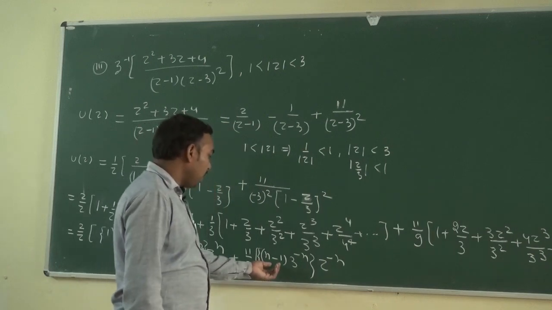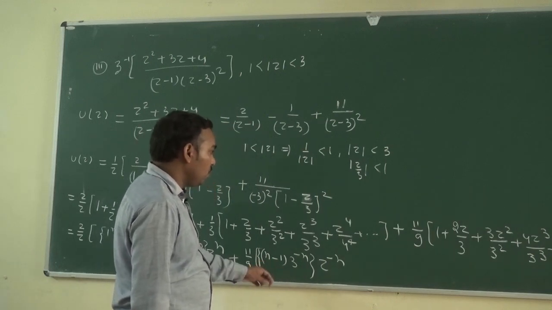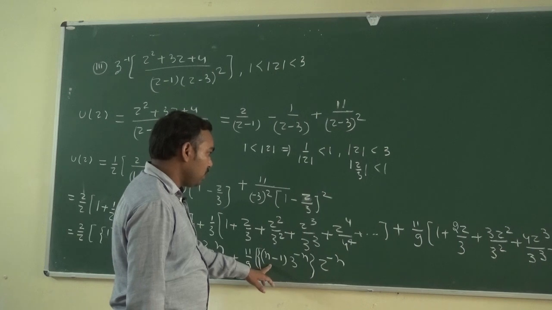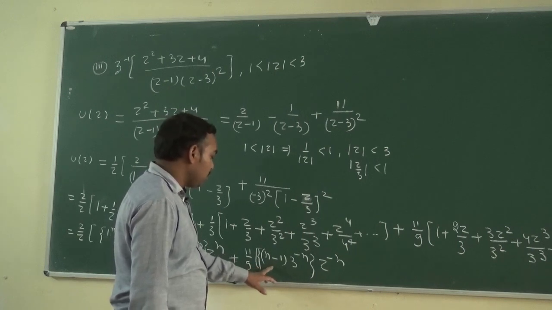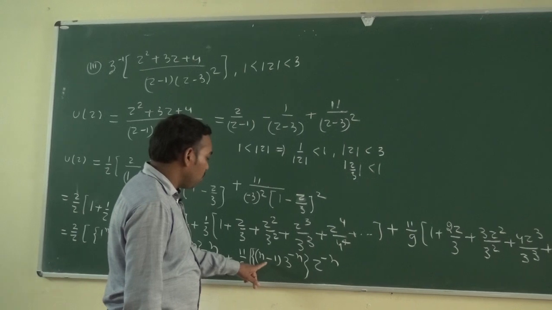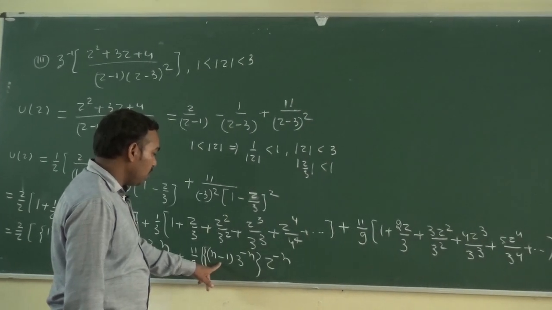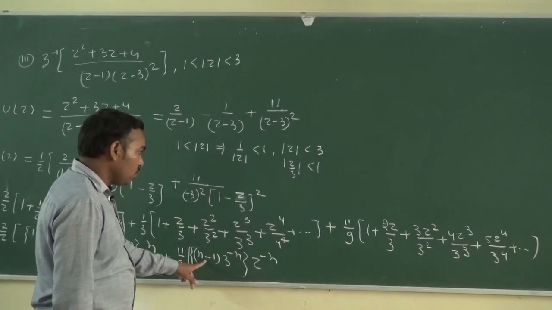See, for n equal to 0, we finally get 0, and for n equal to 1, 0, n equal to 2.